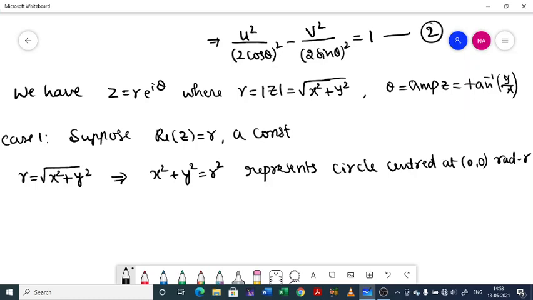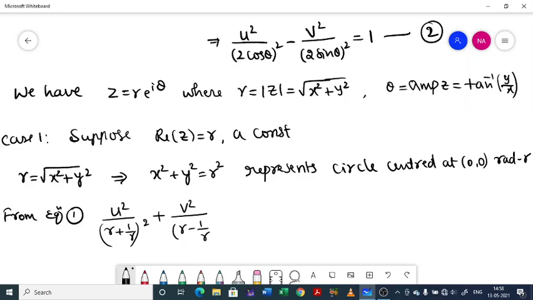Now, we have to use equation 1. Equation 2 is not useful as it does not involve R. So by equation 1 we have U square divided by (R plus 1 by R) whole square plus V square divided by (R minus 1 by R) whole square equal to 1.